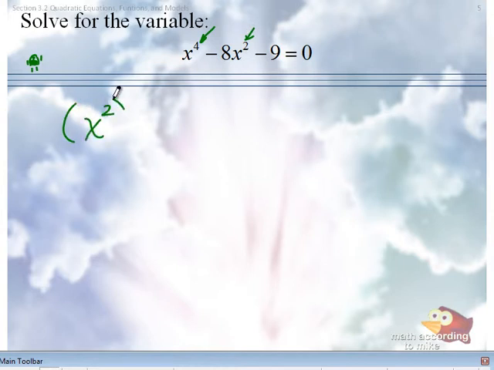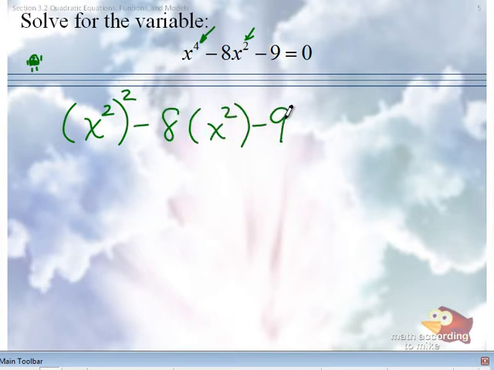Well, in this case, x to the fourth is the same thing as x squared squared. So you have an equation quadratic in form if one exponent is twice that of the other, and you see something being repeated. You should consider doing substitution.